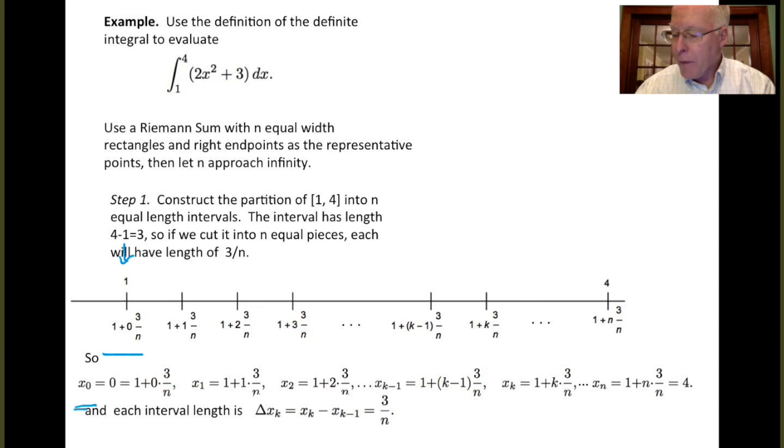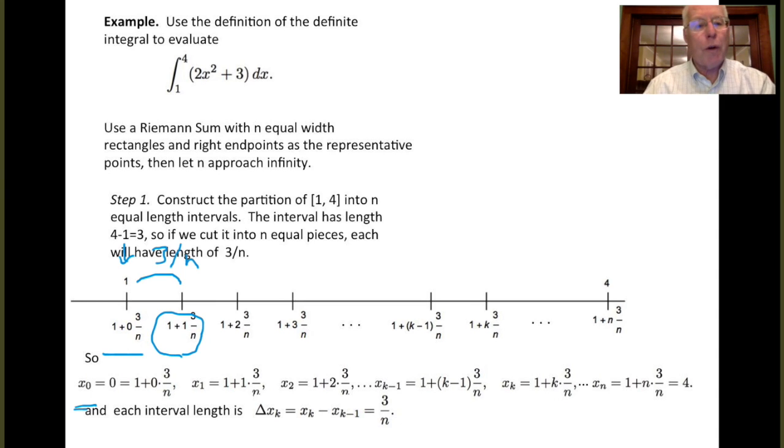Now, if each of these intervals has length 3 over n, as we decided, then the first partition point after the 0th one, the x sub 1, will have to be 3 over n to the right. So from 1, I add 3 over n, and that gets me to this point.